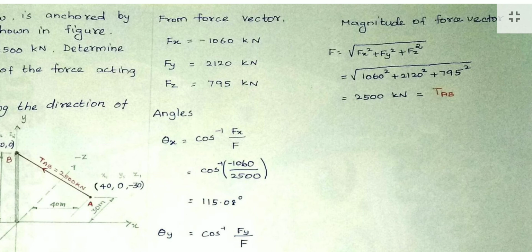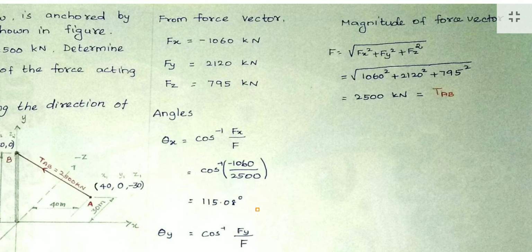Then we solve and get 115 degrees, from cos inverse of minus 1060 divided by 2500. Substitute the minus also, then only we will get this value, 115.08. In the calculator, put cos inverse of open bracket minus 1060 divided by 2500.